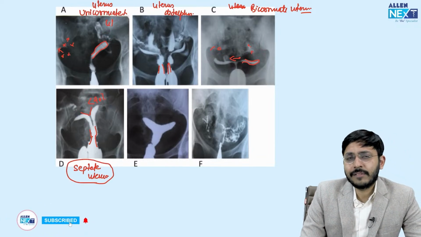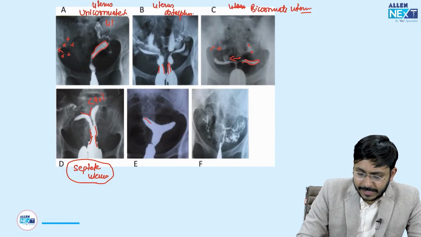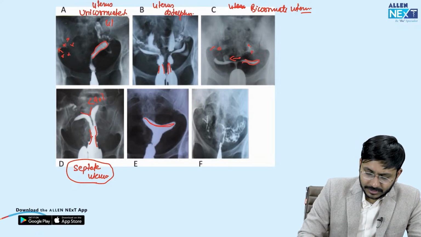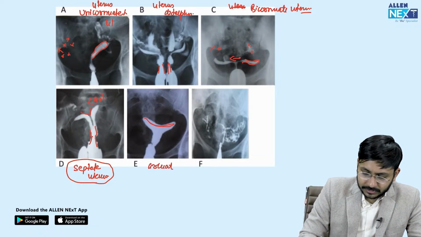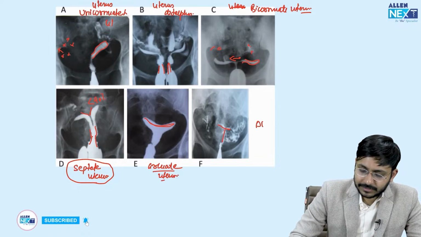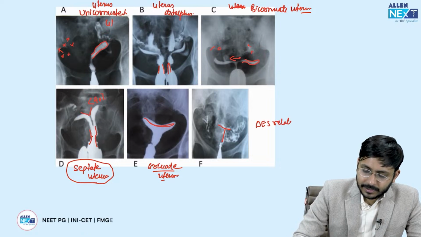Now, if both the cavities are not so separate, but there is some indentation on the fundus of the uterus, so this is an arcuate uterus. And if it's a T-shaped cavity, this is a DES-related anomaly.